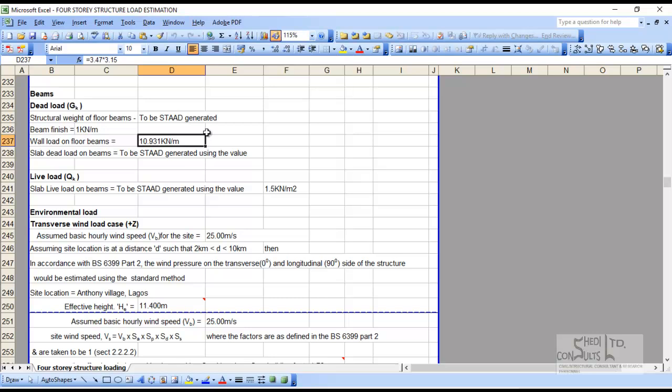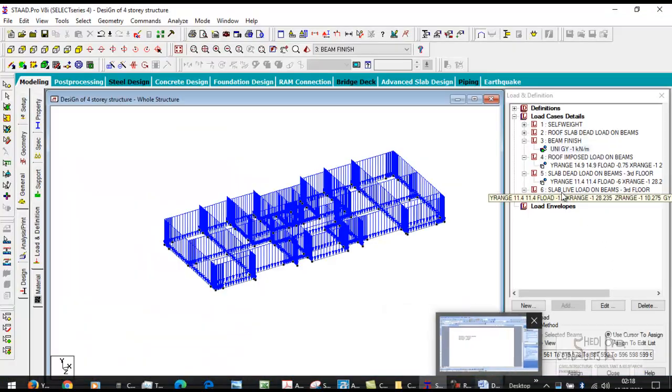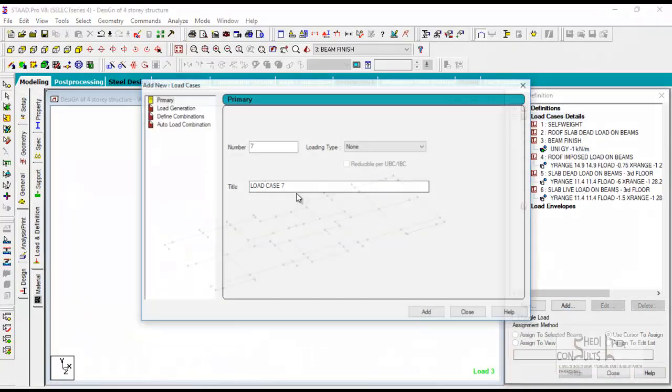The total wall load was computed as 2.87 plus 0.6, which is 3.47, multiplied by the height. That gives us the wall load on the beam. So you're going to apply that, which is 10.931. So it creates a load case.